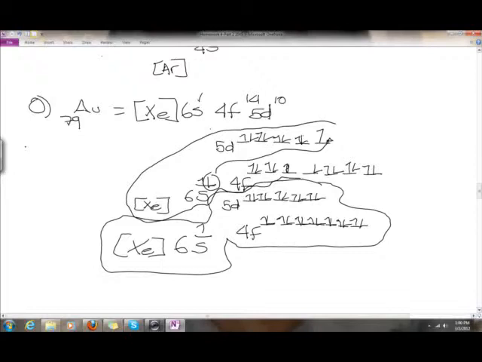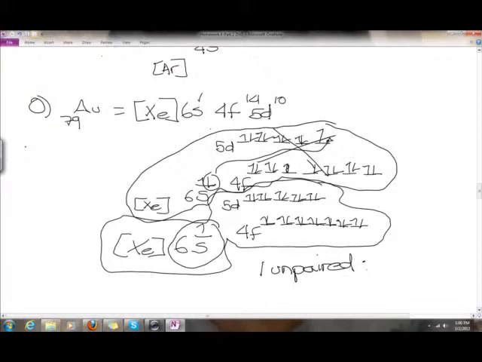Both of them would be paramagnetic, but this is not the right one, and you would have the electron configuration wrong. So it's paramagnetic. Why? Because on the 6s1 you have 1 unpaired electron. So it is paramagnetic.